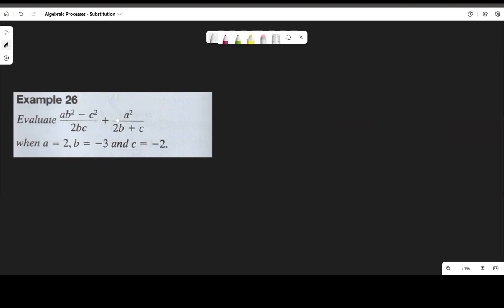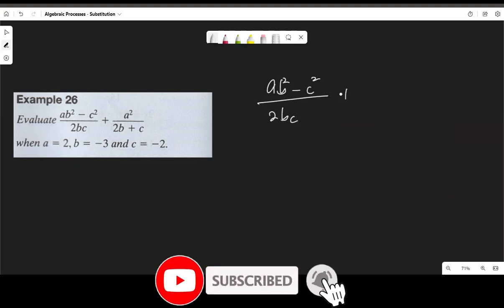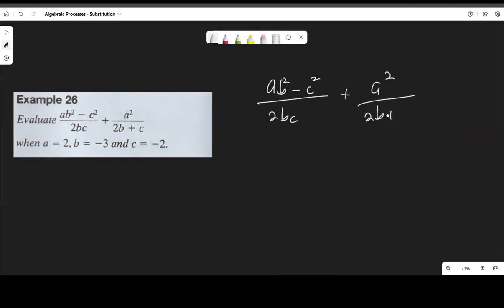Example 26, we have to evaluate ab squared minus c squared all over 2bc plus a squared over 2b plus c. And a is 2, b is -3, c is -2. So substituting the values into this expression, we will have a, which is 2, then multiplied by b.